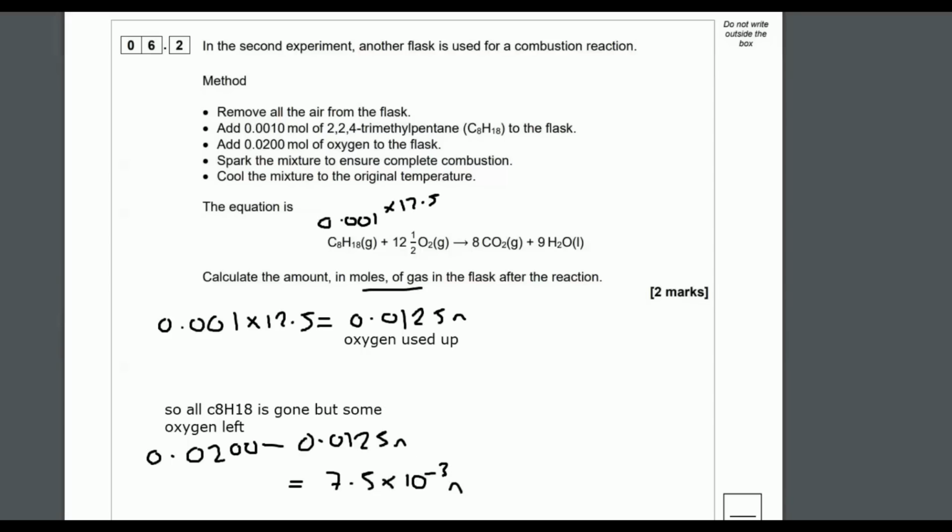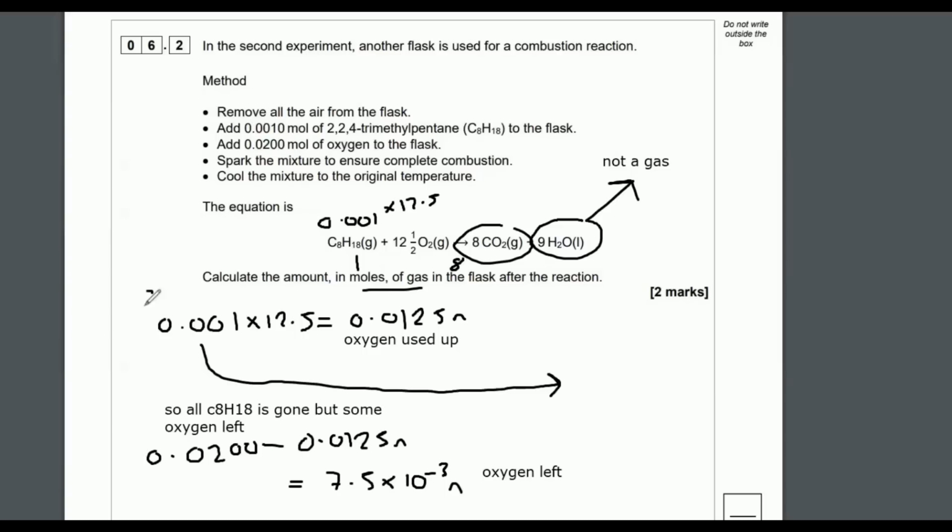Now let's look at the other gases left at the end. Well, we've got liquid water, not a gas, so we don't need to look at how many moles of water are made. But we've got carbon dioxide, so that is a gas. Now that is in a ratio of 8 to 1 with the C8H18.